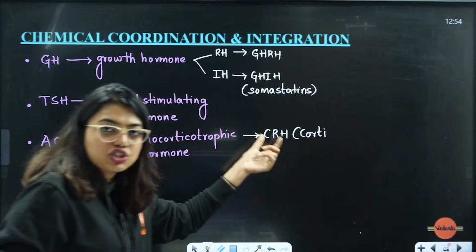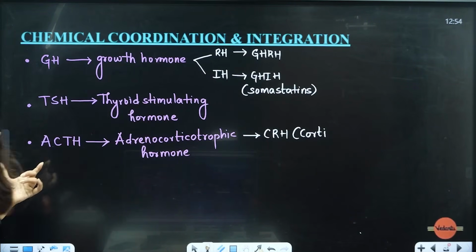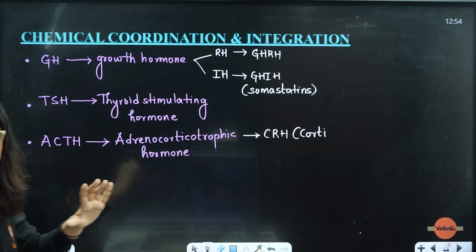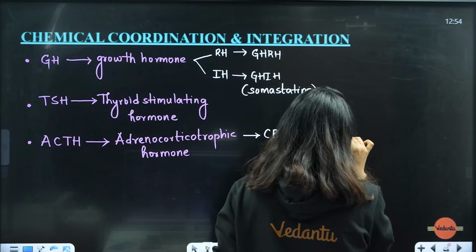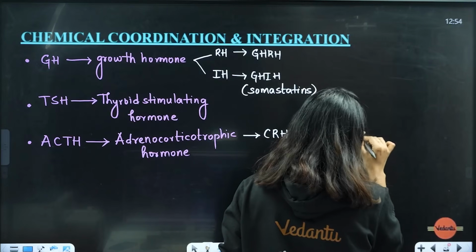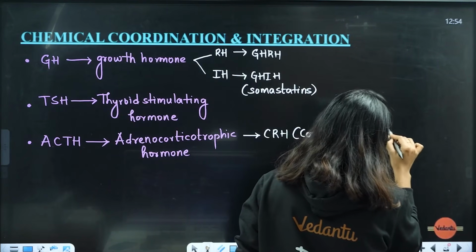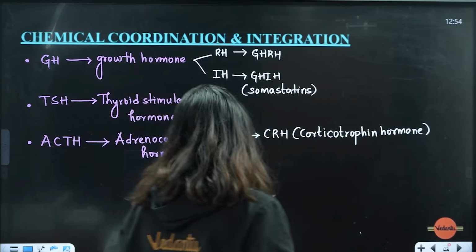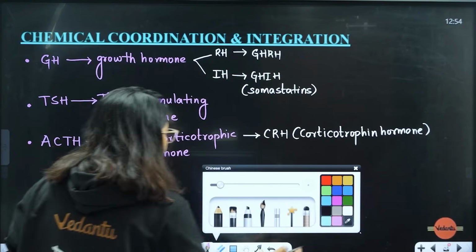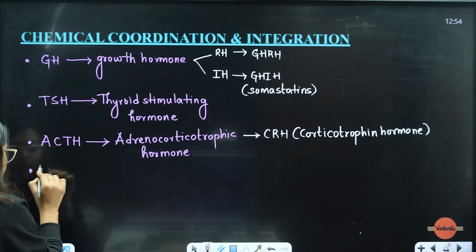Because here, instead of writing releasing hormone, they will just write this. So normally we should understand: corticotropic hormone, that is again a releasing hormone. Then students, here gonadotropin is there.